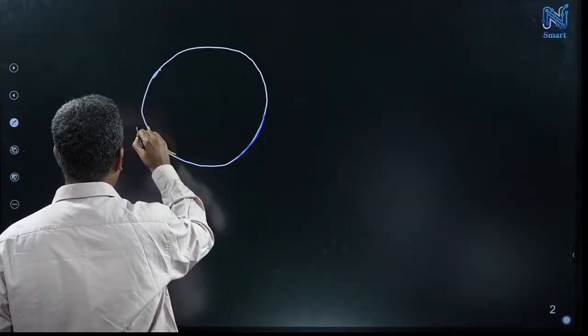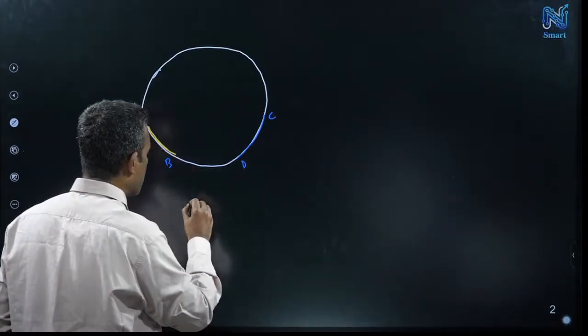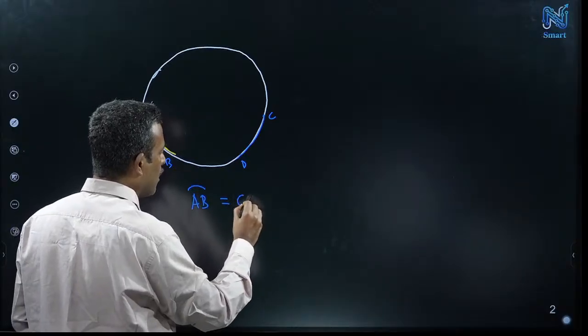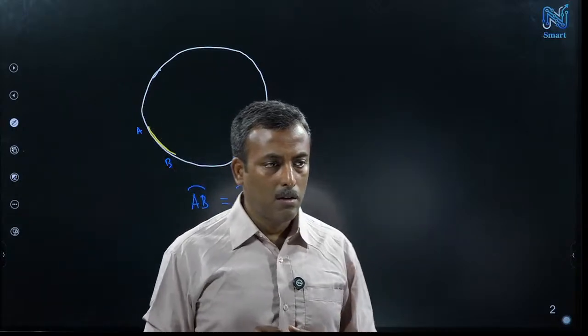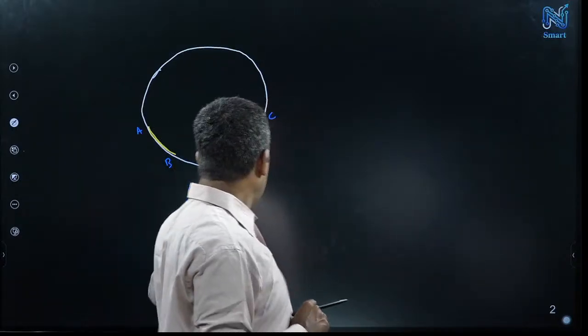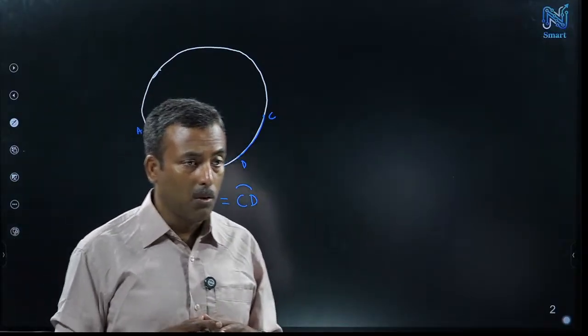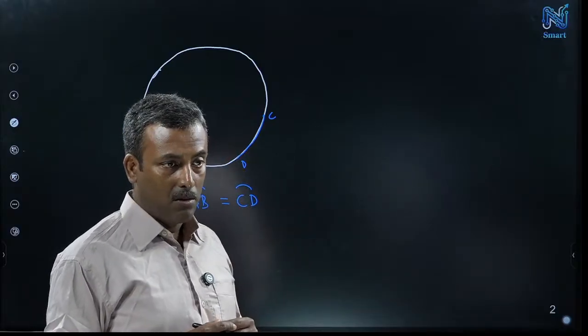Say this is AB and CD. Now both arc lengths are the same, so the arc length of AB is the same as the arc length of CD. In this situation, what happens? Both angles subtended at the center are equal.